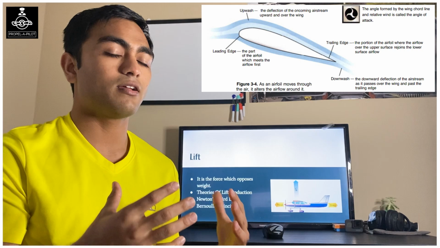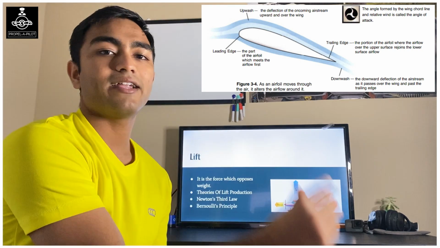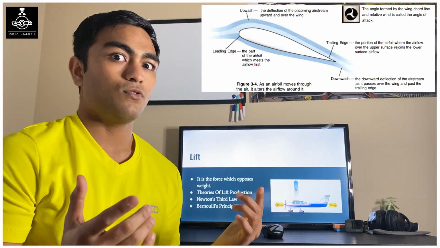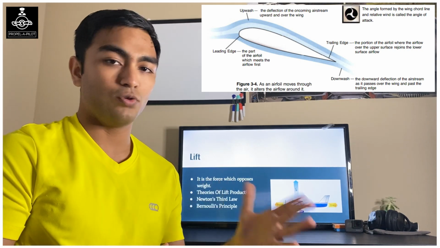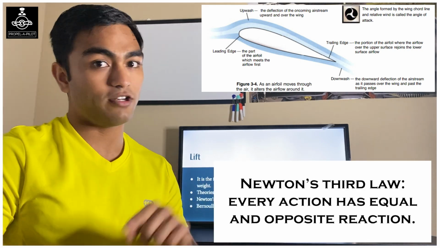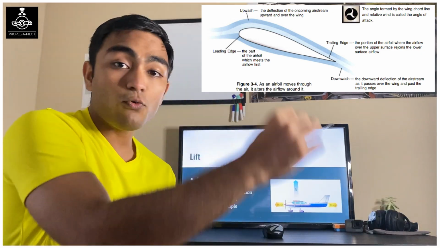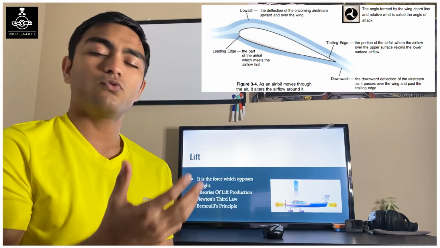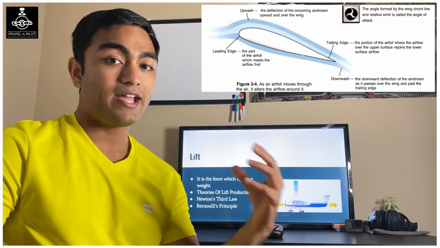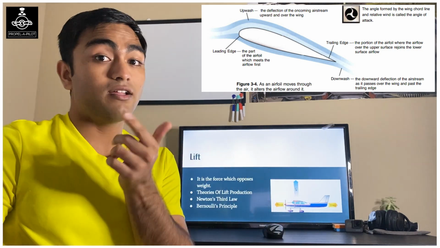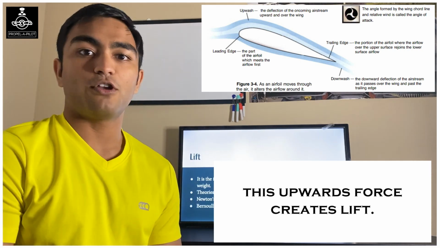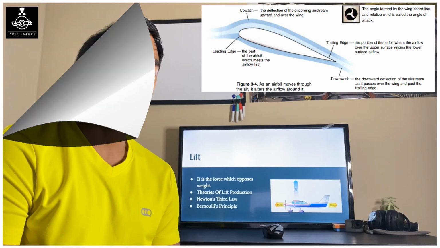And downwash is nothing but the wing pushing the air downwards. Now, what did we learn? Newton's third law: every action has an equal and opposite reaction. So if the wing is pushing the air downwards, there will be an equal and opposite reaction from the air that is going to push the wing upwards. That is one of the theories of lift production.